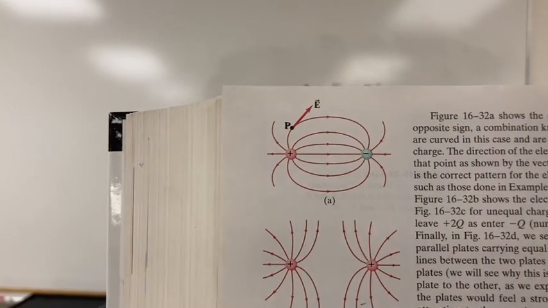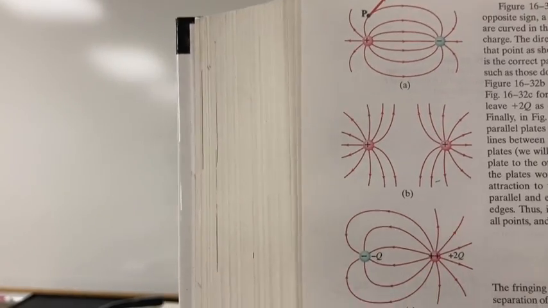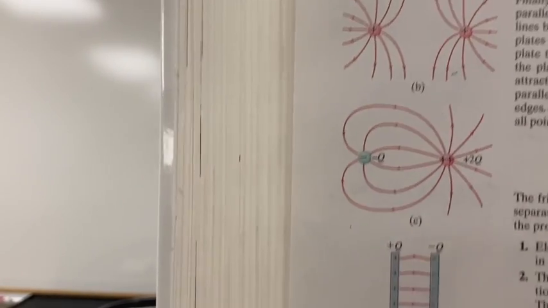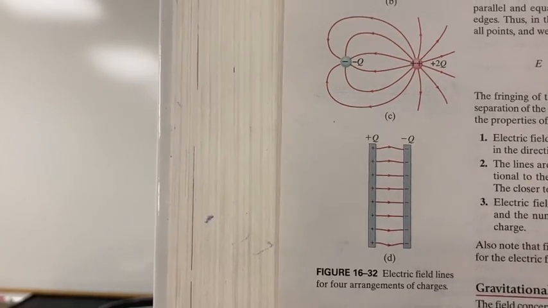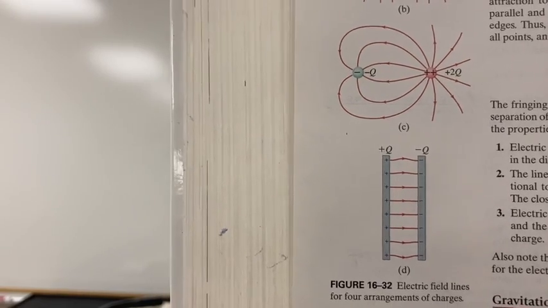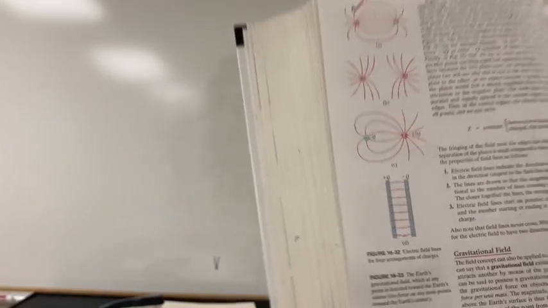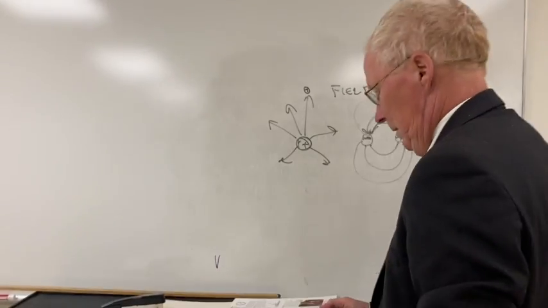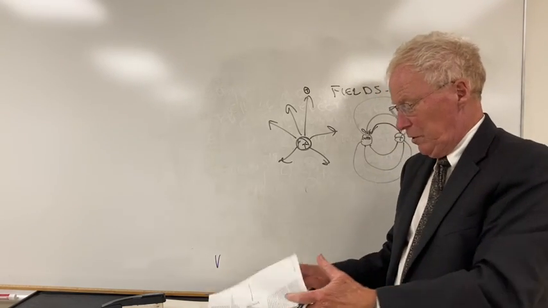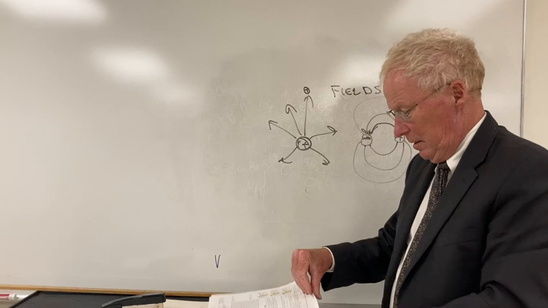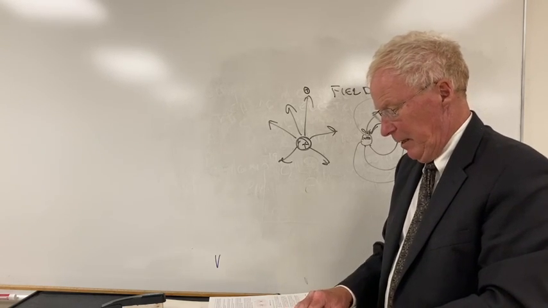If we have plus minus, if we have both positive, or if we have one much greater than the other, or if we have a parallel plate where one charge is plus Q and the other is minus Q, electric field lines run parallel between the two plates. So we have some problems related to those concepts. And that's about it.